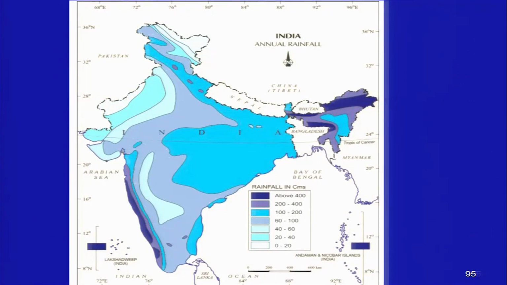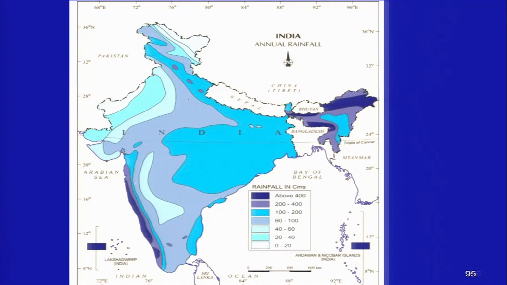Now, this is just to show you the scenario around the Indian part. We have areas which are receiving a very heavy amount of rainfall, above 400 centimeter, shown by dark blue color, and then 200 to 400 by a lighter one, and then fluorescent blue 100 to 200 centimeter.